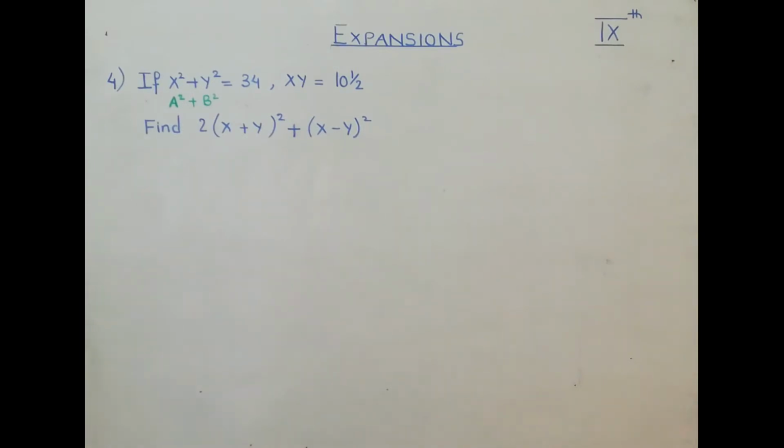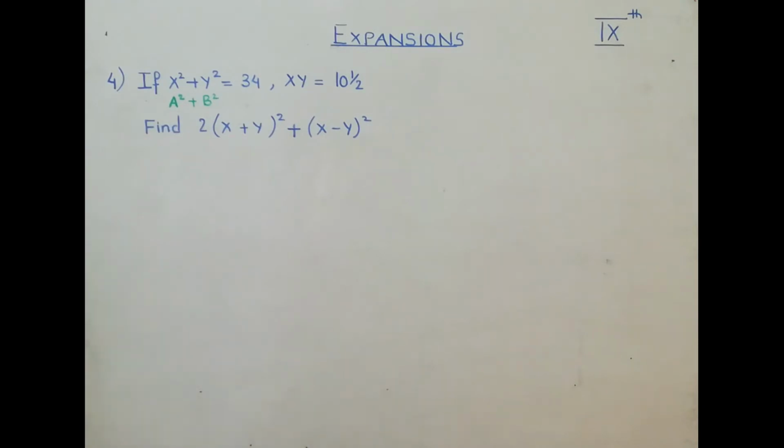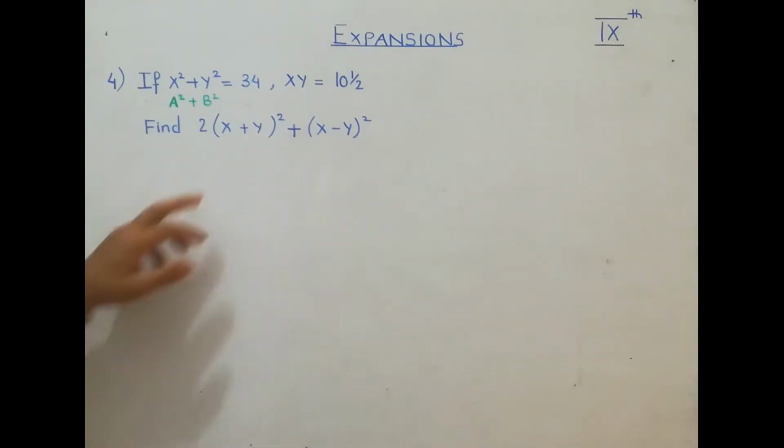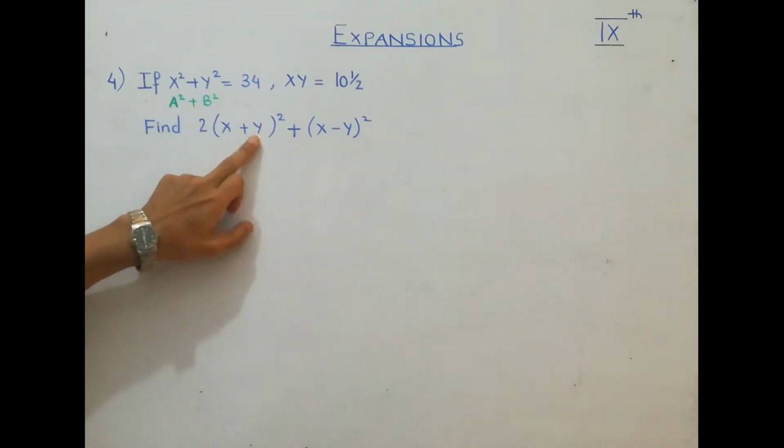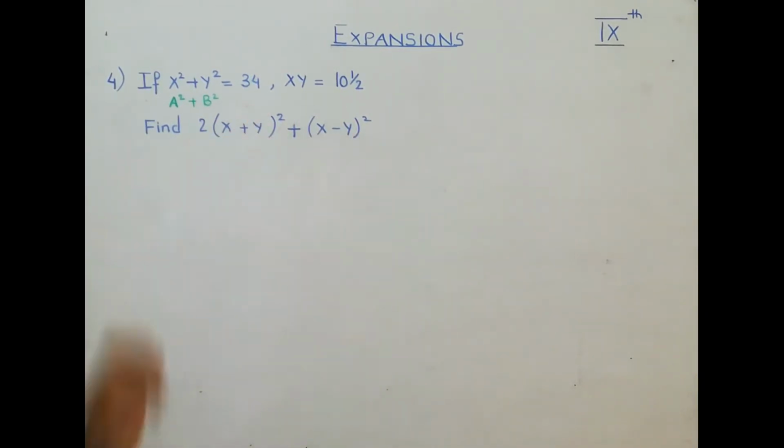So whenever a square plus b square is known to us, we can calculate a plus b whole square as well as a minus b whole square. Both can be calculated. And according to the question, a plus b whole square is needed and a minus b whole square is also needed. So that means we need to calculate both.